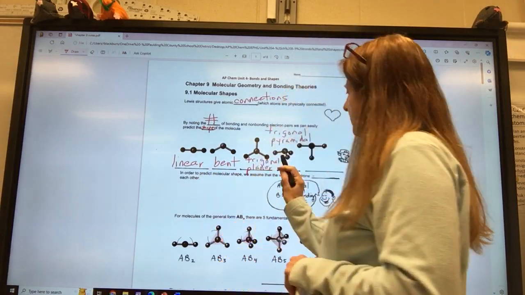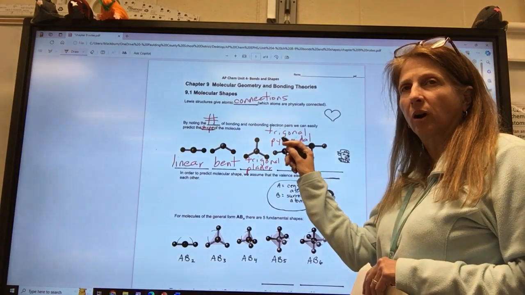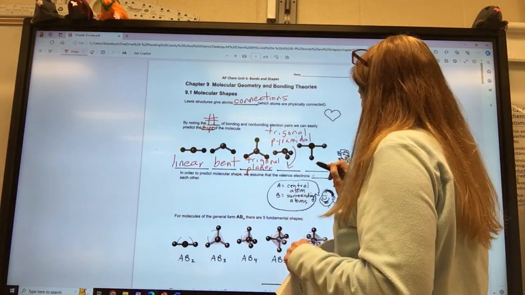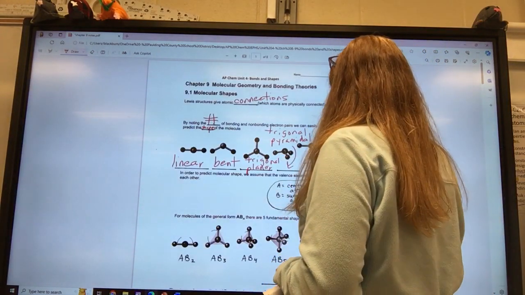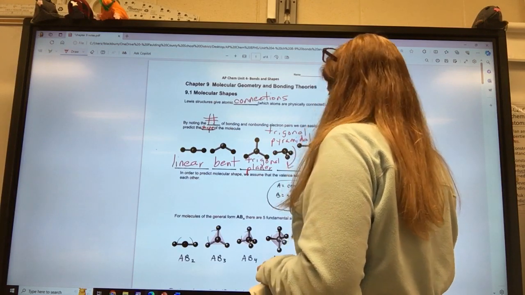So this one is like the tetrahedron, but it's missing the top little part, the one that goes straight up, trigonal pyramidal. And this one is called T-shaped. See? Aren't these good names?